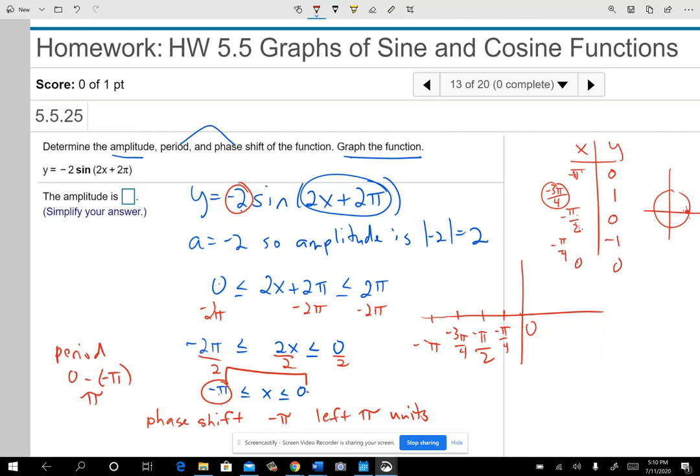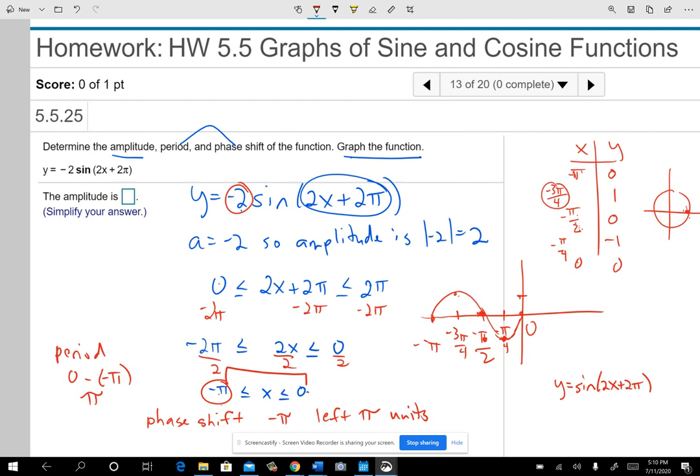So if I were graphing just y = sin(2x + 2π), it would look like this: 0 up to 1, back to 0, down to -1, and then back to 0. And it would have that happening within those π units.